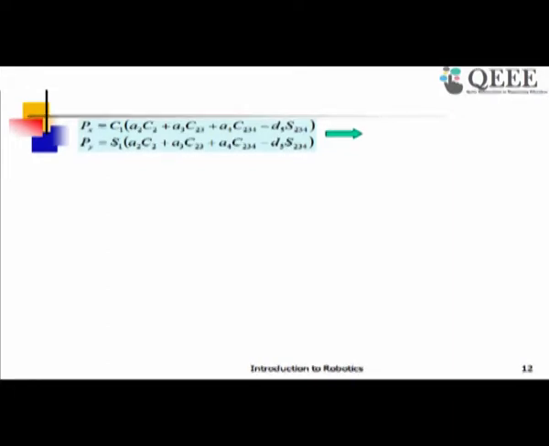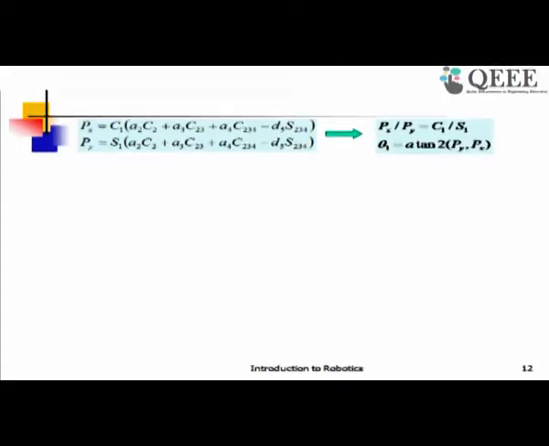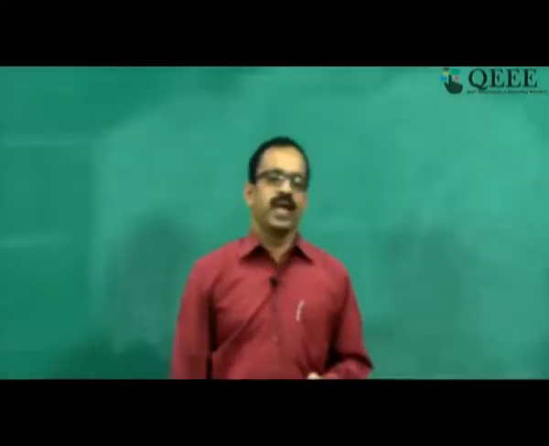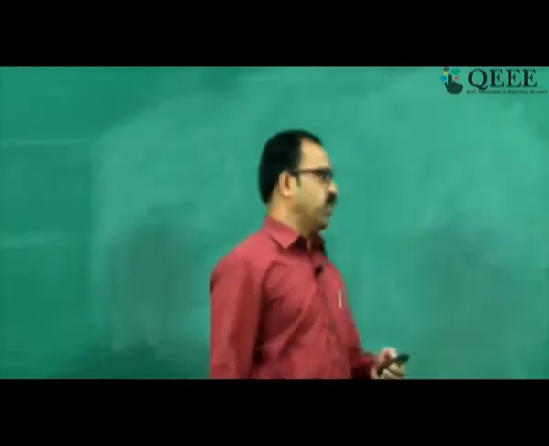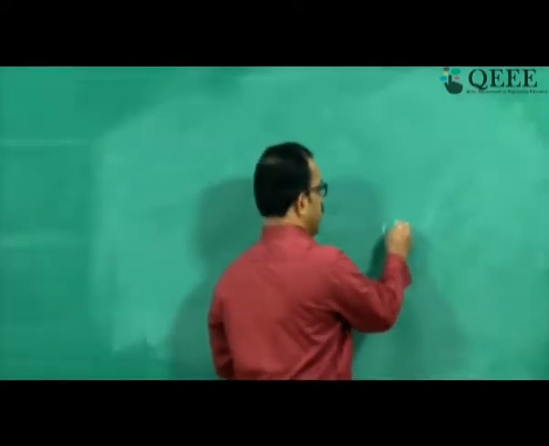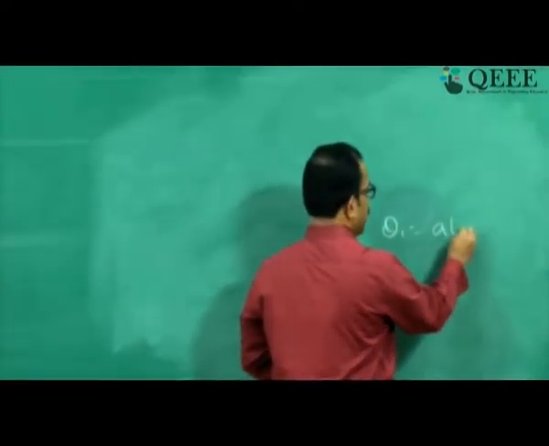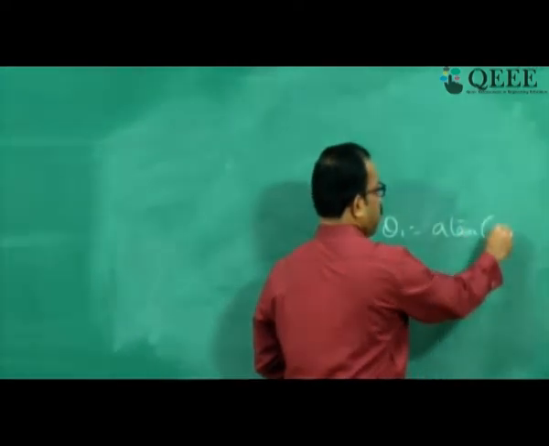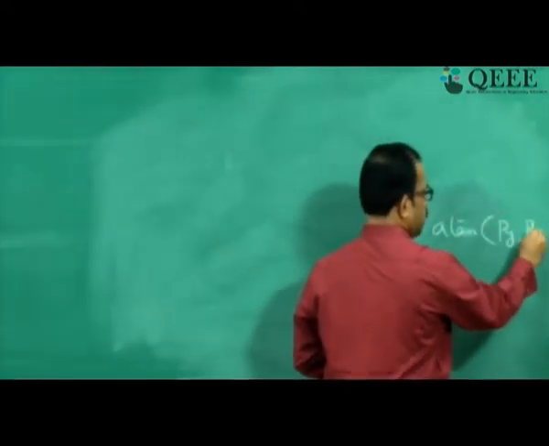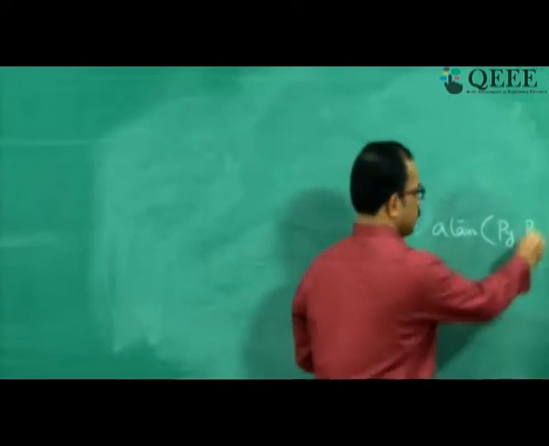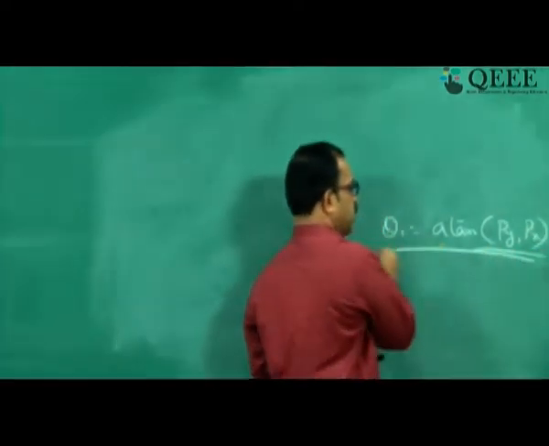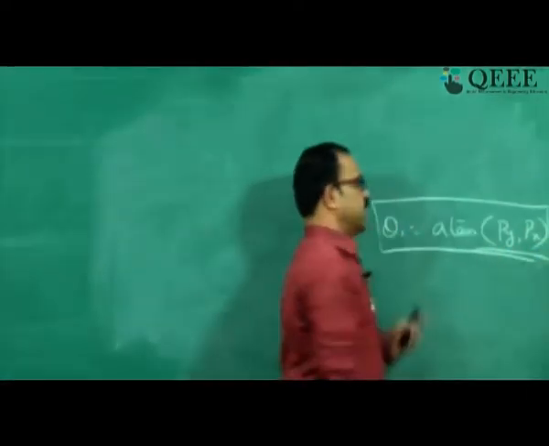What will be Px over Py or Py over Px? Py over Px is S1 over C1, and theta 1 is atan2 of Py, Px. Since Py and Px are known, you can easily get theta 1.